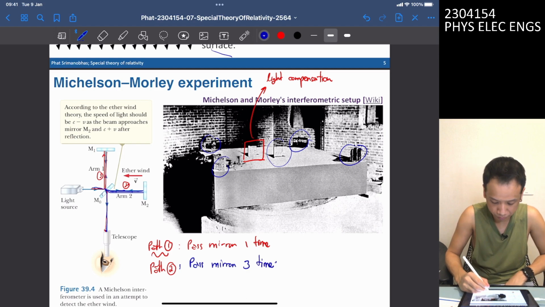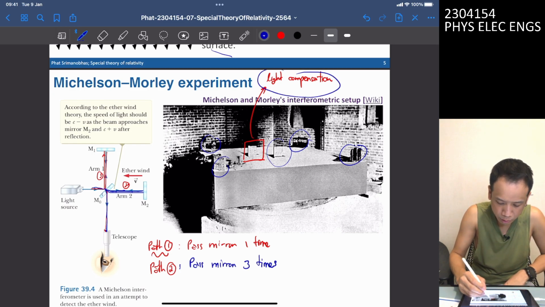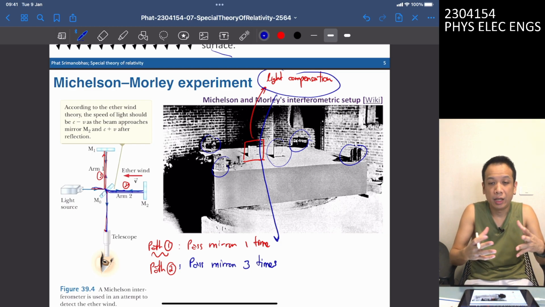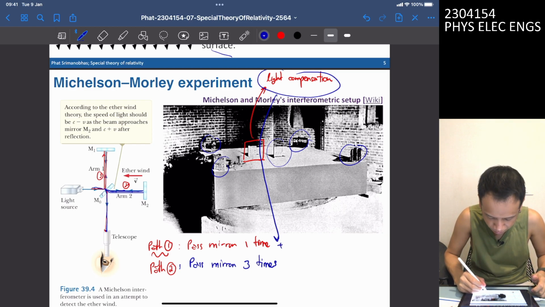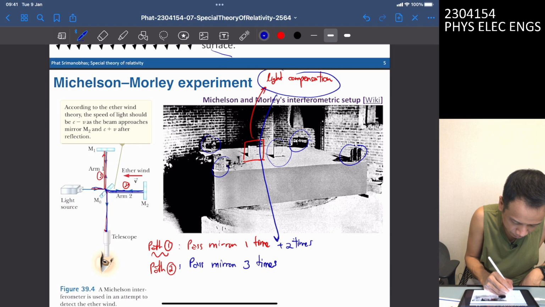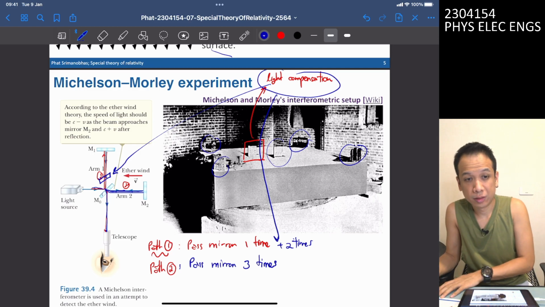So the light compensation compensates for the missing mirror passes, adding 2 times that the light needs to pass. So it's adding a mirror here. This is the compensation mirror.